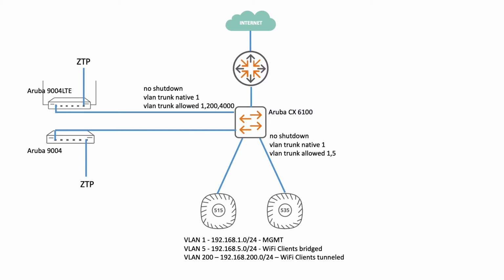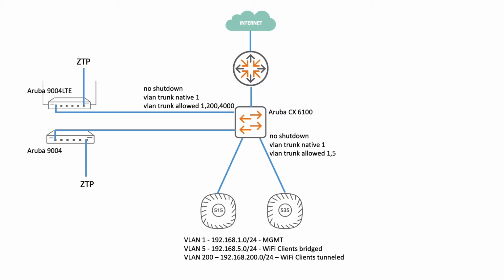If you then have to convert that into a trunk port, you could have issues with overlapping subnets, and also you could lose connection to the gateway, and then you end up in a bad situation, because then the gateway cannot connect to Central anymore. You can avoid that by using a separate port like I do here. The other option is of course to just configure the controllers via full setup from the command line interface. Then you don't use Zero Touch Provisioning.